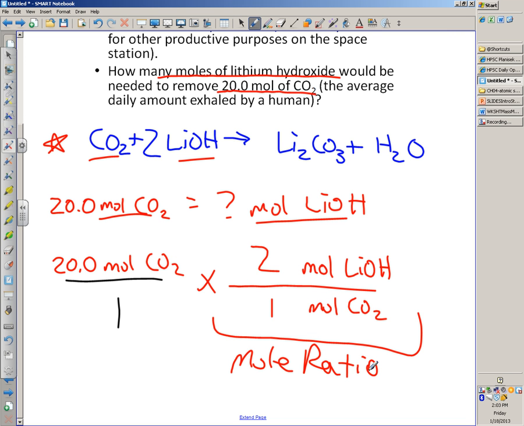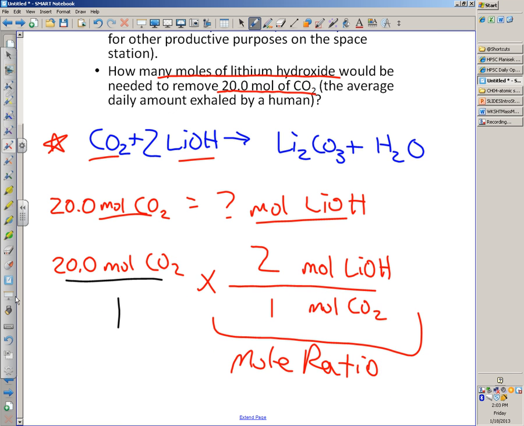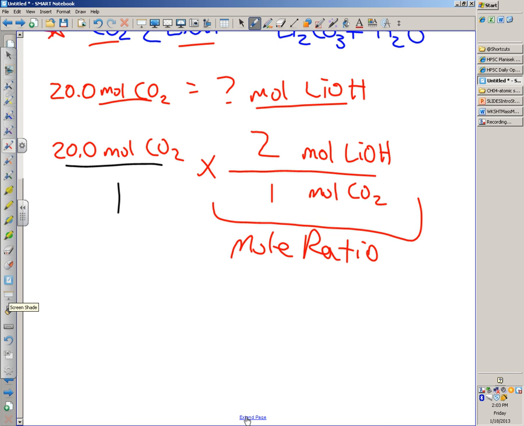But the mole ratio is the important part of a stoichiometry problem, because the coefficients of the equation allow us to compare one ingredient to another ingredient. All right? One good thing about mole-to-mole relationships is that usually the math is pretty easy.